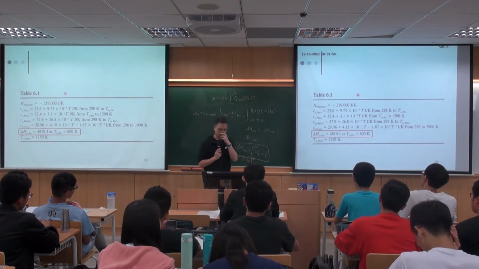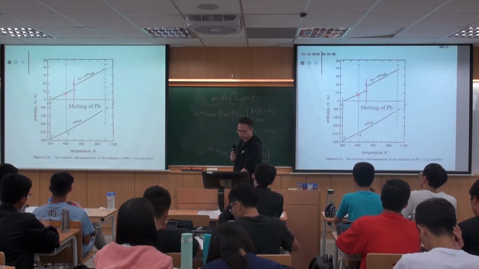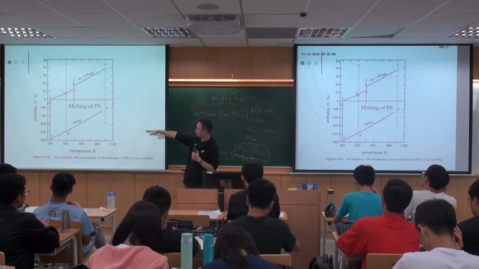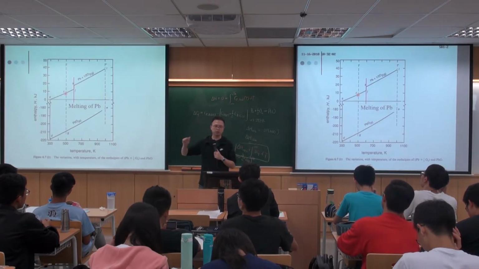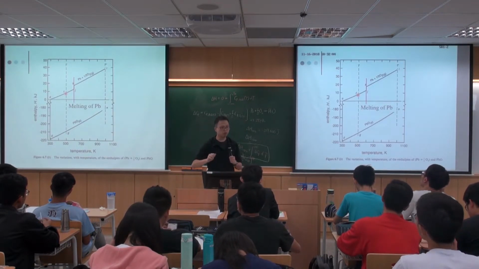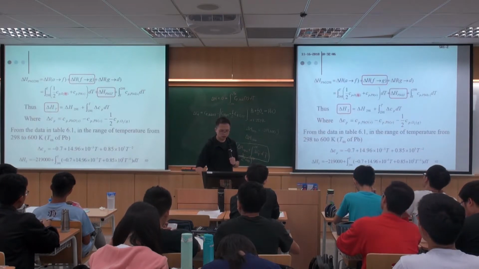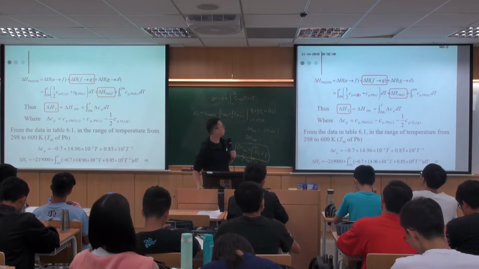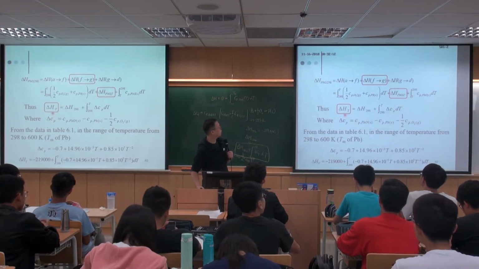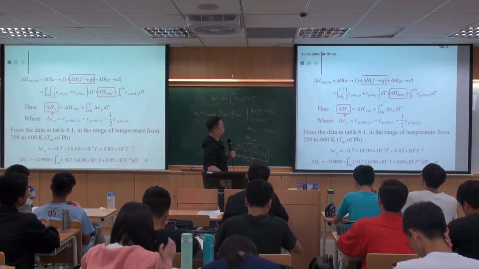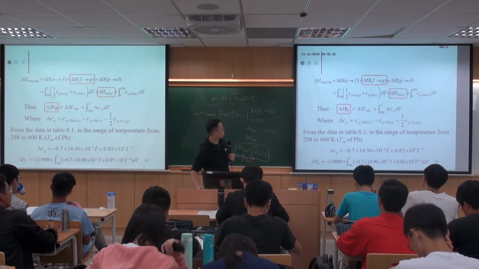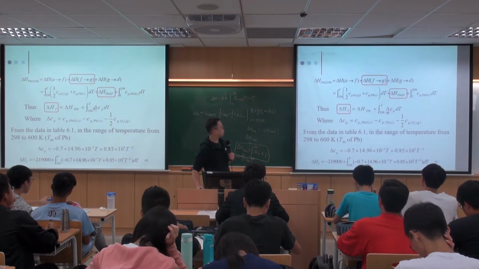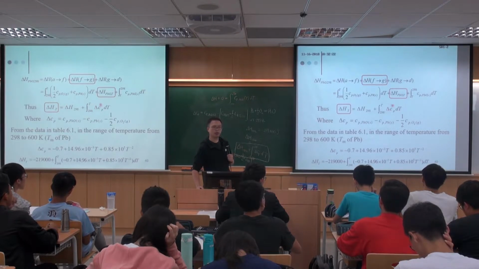Okay. So that's the case when you are discussing the temperature that is below the melting temperature of lead. Okay. So I won't go through this again. As you can see, we want to figure out what delta HT is, for instance, at 500 Kelvin. And then we will use this formula to calculate. The most important thing is you have to figure out what is delta Cp.